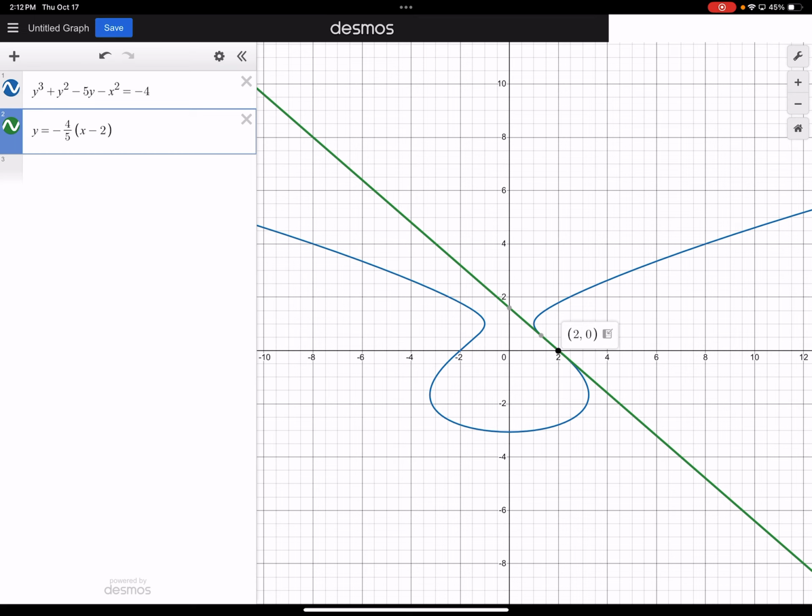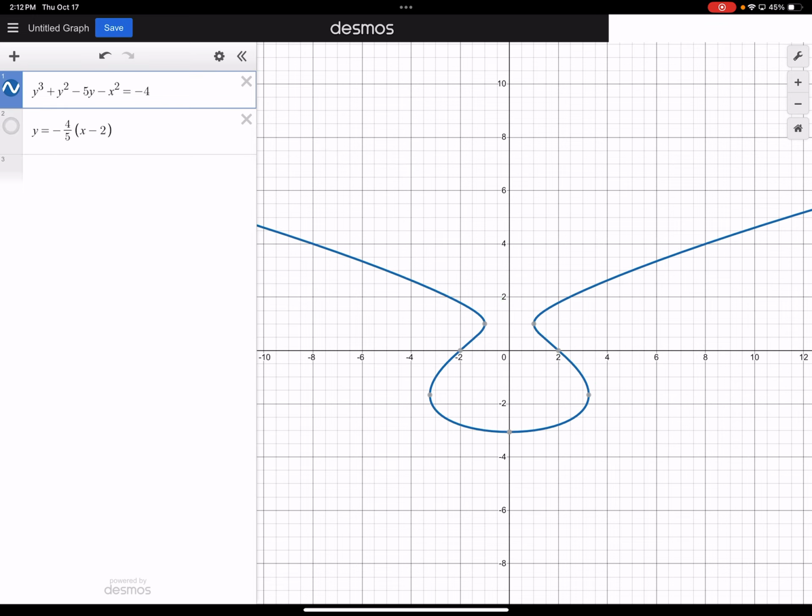But because it's a non-zero number over 0, that indicates a vertical tangent line, and that's because on the graph of the derivative, there would be a vertical asymptote at that x value. That was for 2, 0.